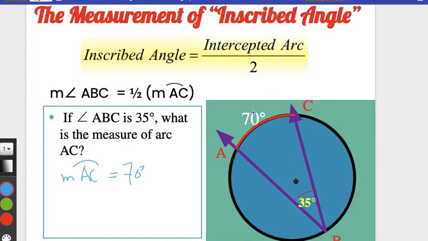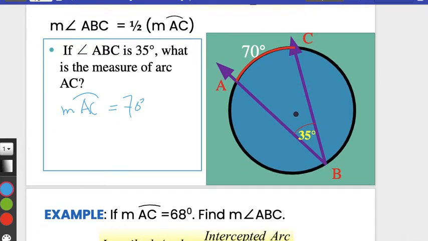If I know this arc is 80 degrees, then the angle is going to be, remember, they're not equal, they're half. So that's going to be 40 degrees. That's the relation between these two, how we use a measurement to replace this. Please keep in mind, the inscribed angle is always half of its intercepted arc.